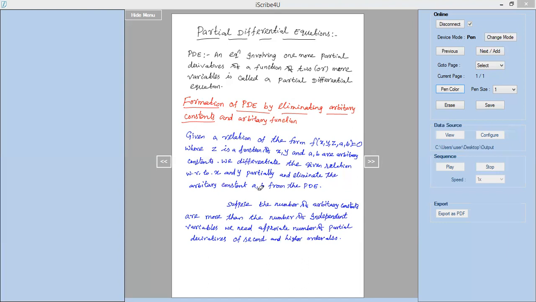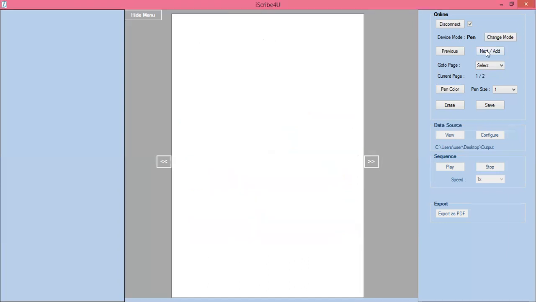If arbitrary constants are more than the number of independent variables, then we can go for second or third order derivatives. We'll see the problems, you will understand very easily.